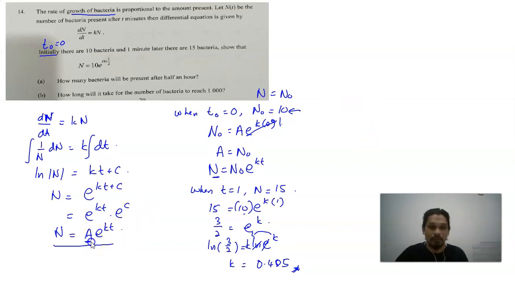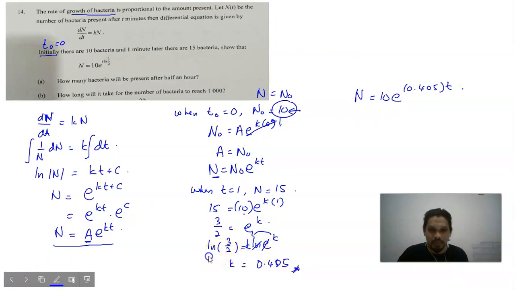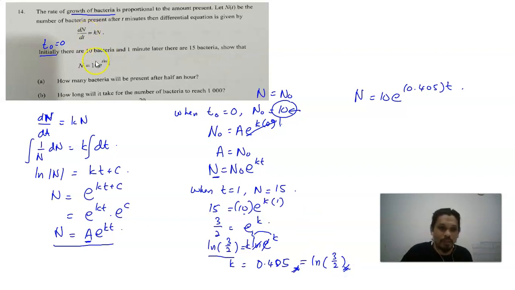Now A equal to N naught, where N naught equal to 10. So N equal to 10 e power of 0.405 T. Actually, we can leave K as natural log of 3 over 2, because we want the equation of N in this form as given in the question.